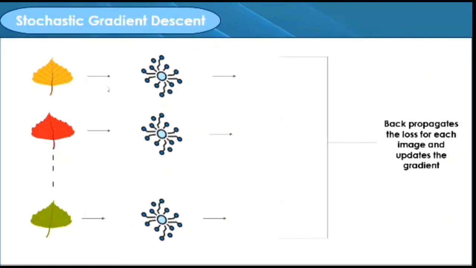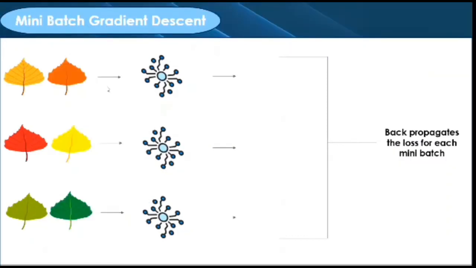And then we have the mini batch gradient descent. Here, the whole data will be divided into batches or mini batches. In this particular example, the mini batch size is 2. So in the first mini batch, 2 images are sent into the neural network. It back propagates, calculates the loss, and calculates the average gradient for these two records.